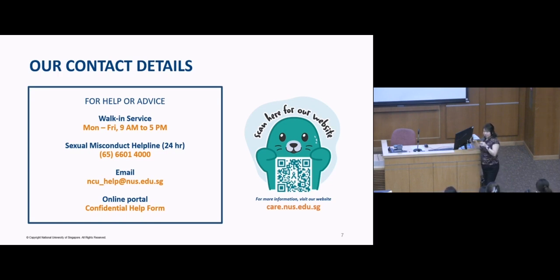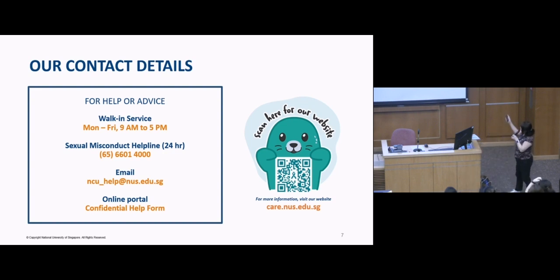The incident may have happened in NUS or outside NUS. It may have happened years ago. That's okay, and you don't have to tell us all the details. We provide support and information, should a victim need to find out more about making a report or what resources NUS has for you.